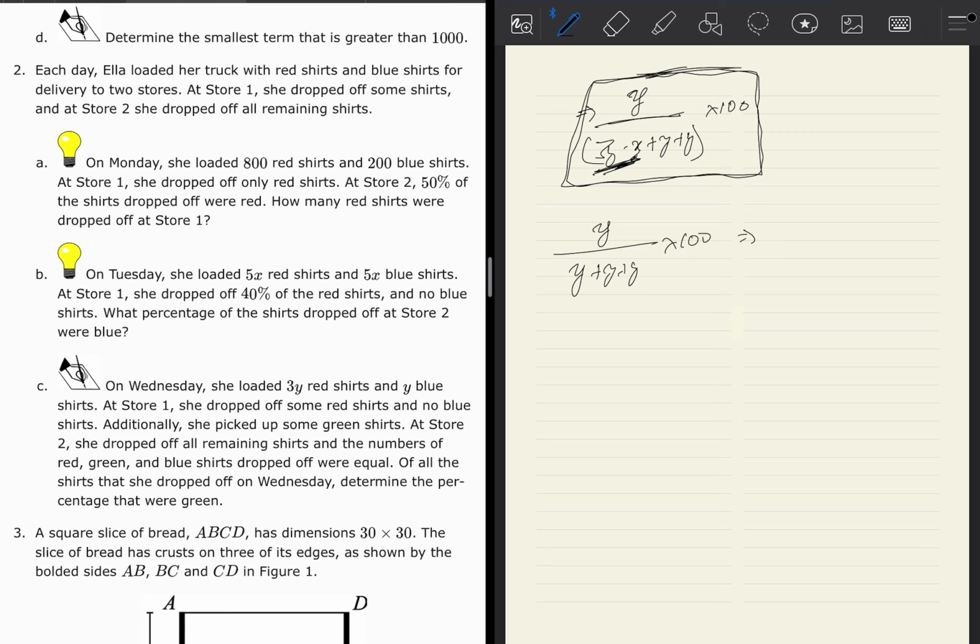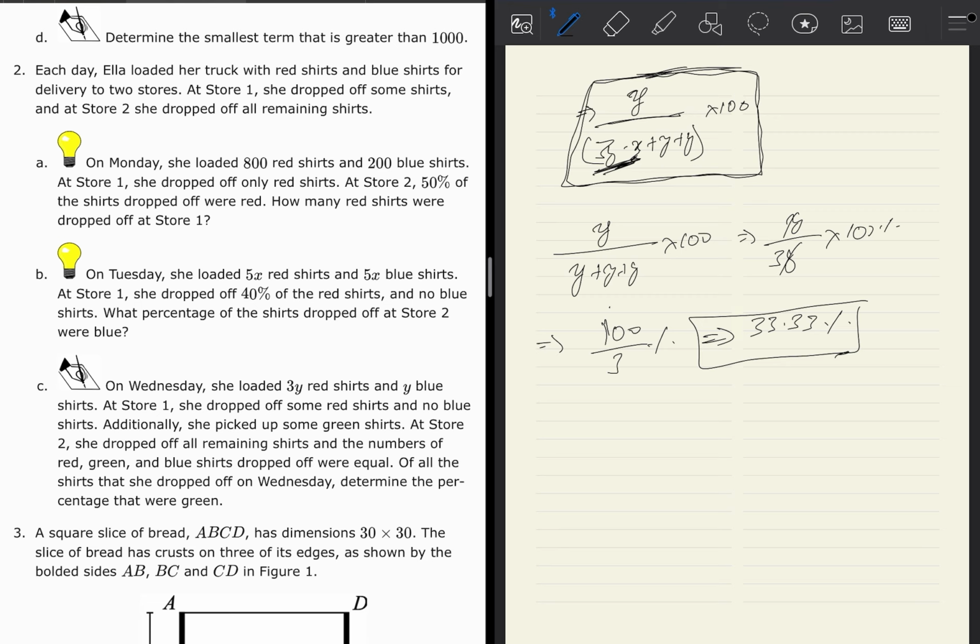Now it's very simple. Y divided by 3Y into 100. You can cancel Y. So this implies we have 100 by 3%, which is nothing but 33.33%.